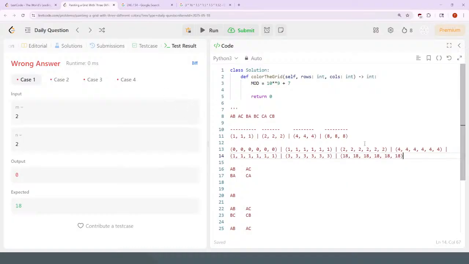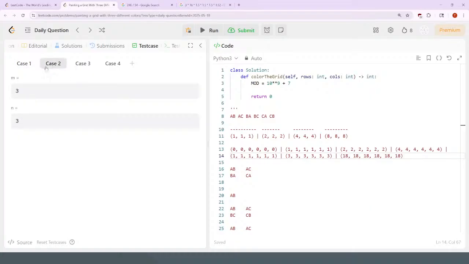18 times 6 is 96. But that's not 3 by 2, is it? What is 3 by 2? What's 2 by 3? 2 by 3, 3 by 2.